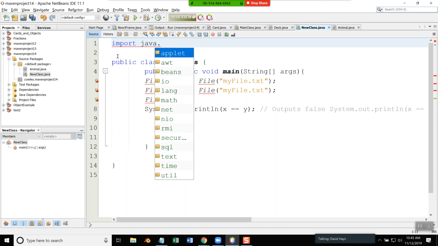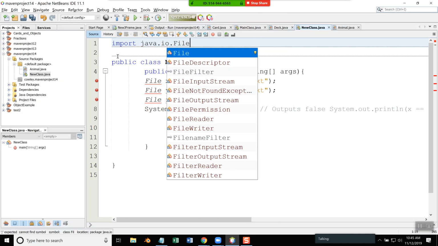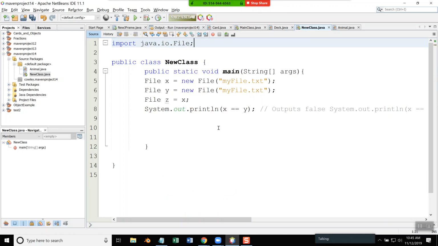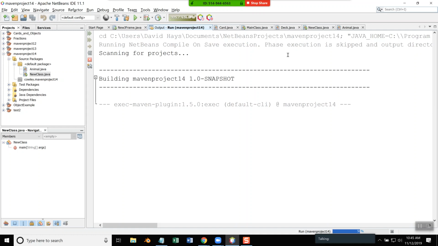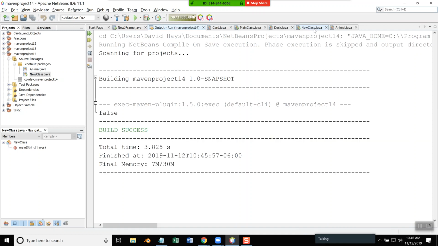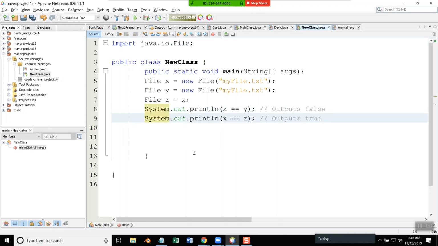Import java.io.File. I understand the X and Y wouldn't be equal.